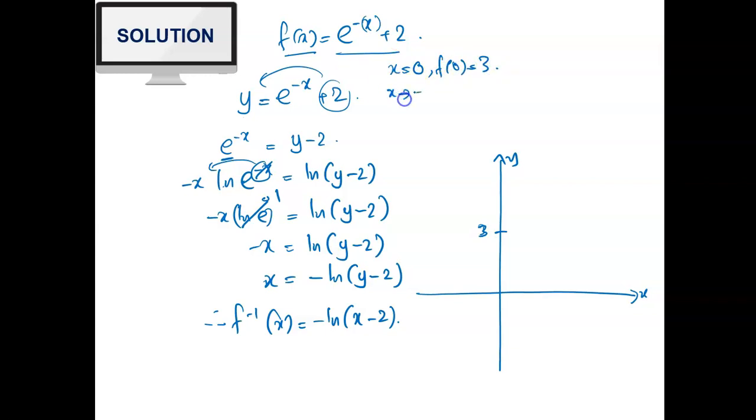So when x is approaching positive infinity, when x is getting bigger, e power of negative x is getting smaller, approaching 0. Please do remember what I explained earlier in this video. Since this is e power of negative x, when x is getting bigger, e power of negative x is getting smaller, approaching 0.